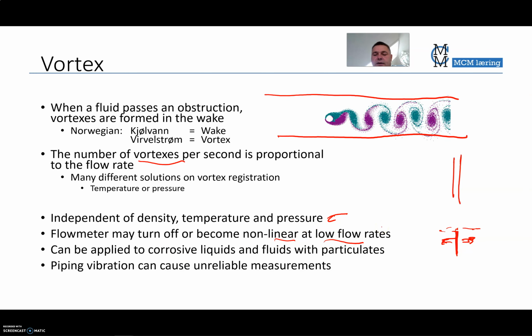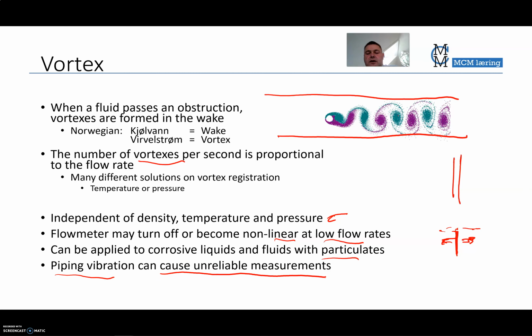So you need, again, a bit higher flow rate than other measurement principles. You can apply it to corrosive liquids and fluids with particles, and piping vibration may cause unreliable measurements, but as you will see in the film from Endress+Hauser, they have found a solution for just that.